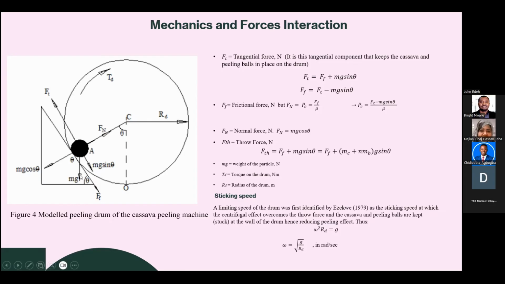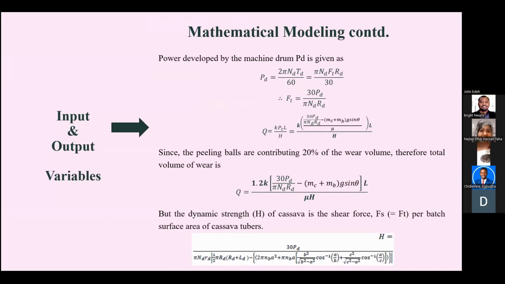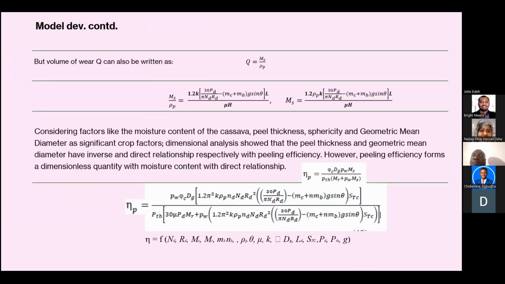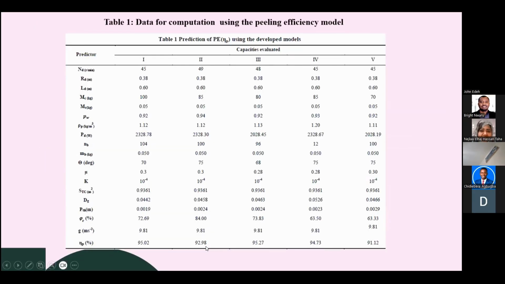So we looked at this mass as the mass of cassava and ball together, climbing an inclined plane, and that informed our mechanistic development, which I'm going to run through, and maybe that should be for people in this area who may want to know more about the development. And finally, we came to this equation, which is the peeling efficiency equation, and discovered that peeling efficiency is a function of all these parameters, both machine, crop, and the rest of them.